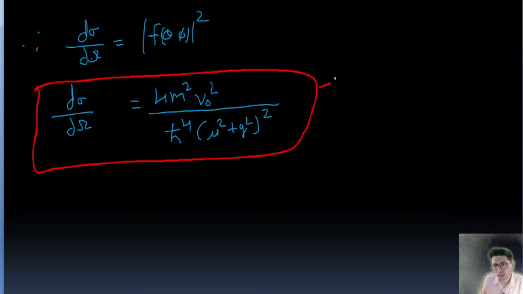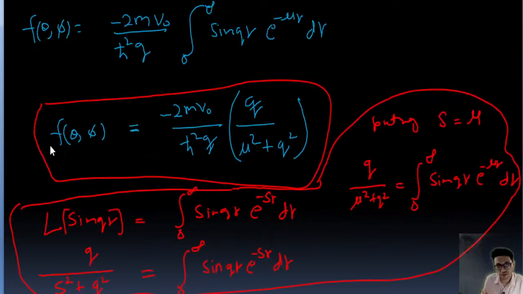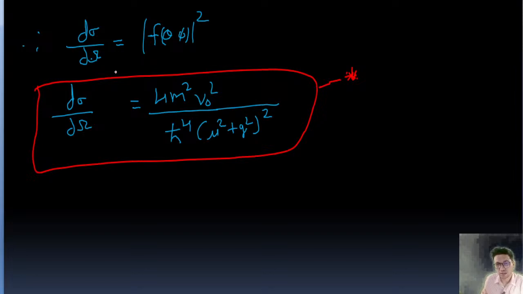Very important formula, you need to note it down and memorize, guys, because many questions you can solve directly if you know this formula, so you don't have to go through this procedure. You can directly write this value and get the differential cross section if it is a Yukawa potential: 4 m square v naught square upon h cut to the power 4, mu square plus q square whole square.